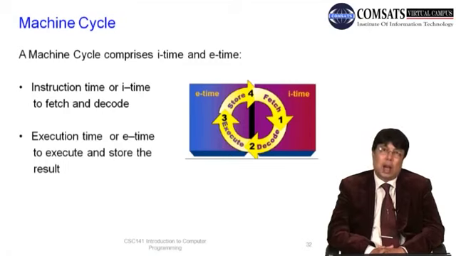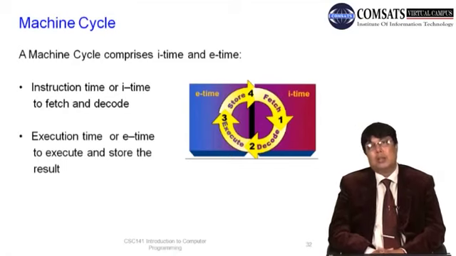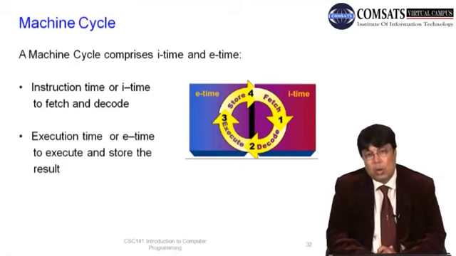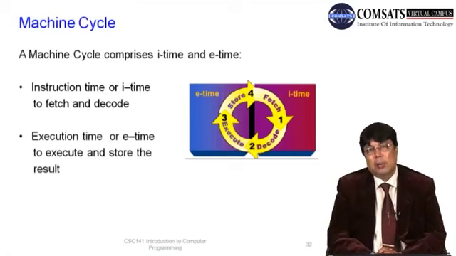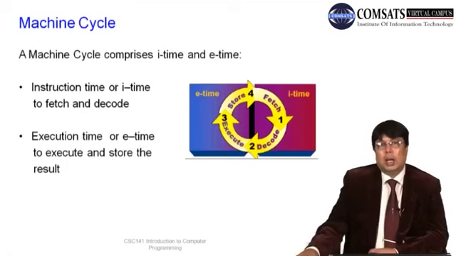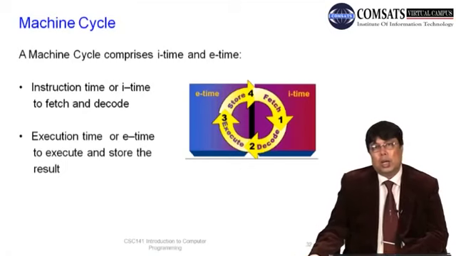Then in the next half cycle, which is called execution time, the computer executes the instruction and saves the result back into the memory of the computer. So carrying out the 4 steps, which is the machine cycle of the computer, is split into 2 more concepts: the instruction time and the execution time.